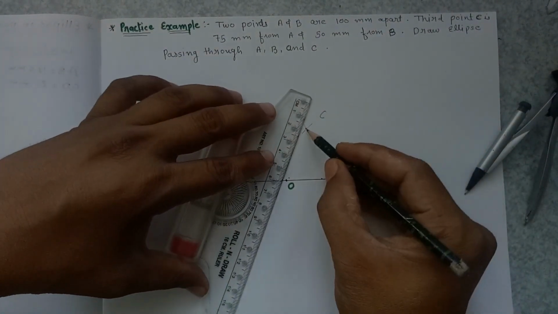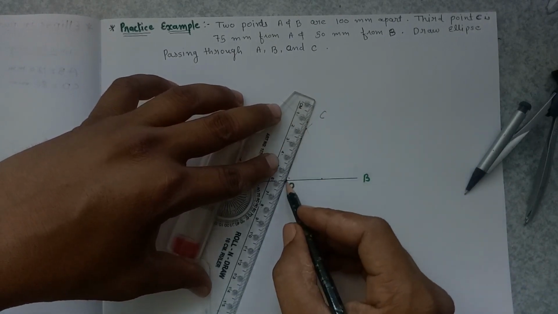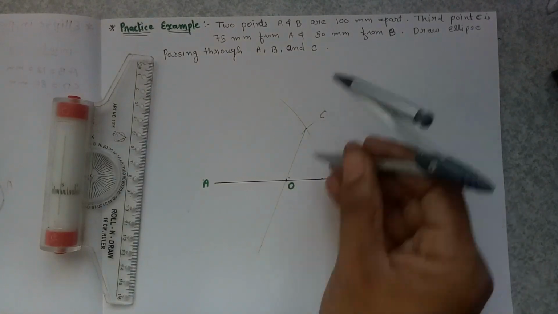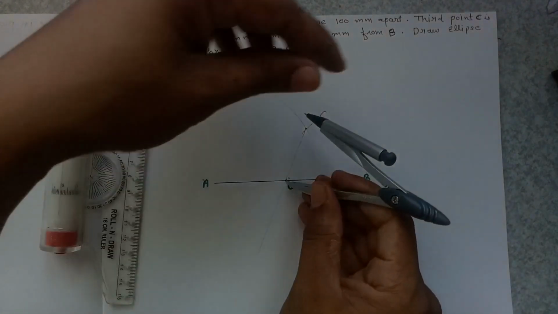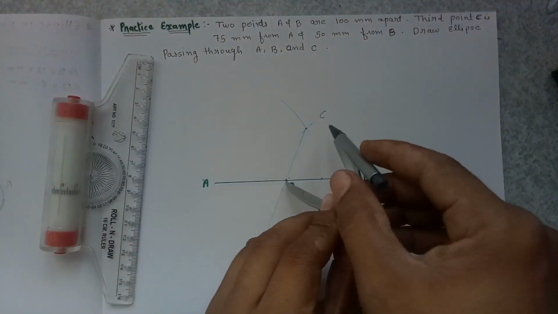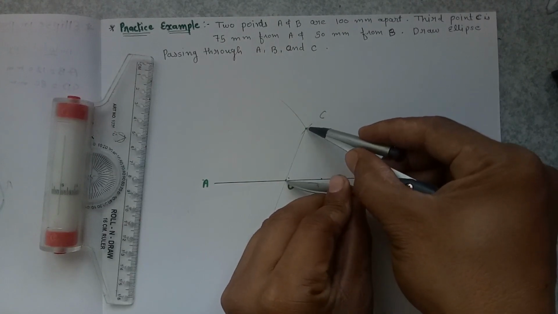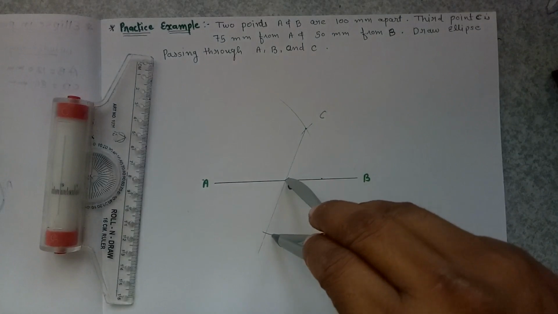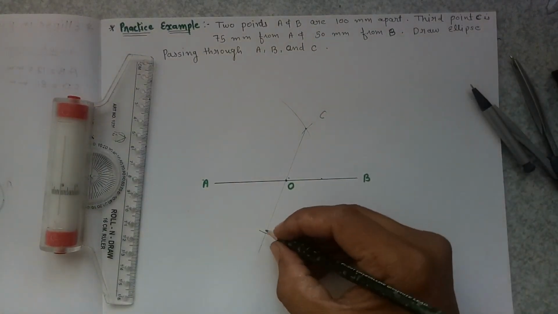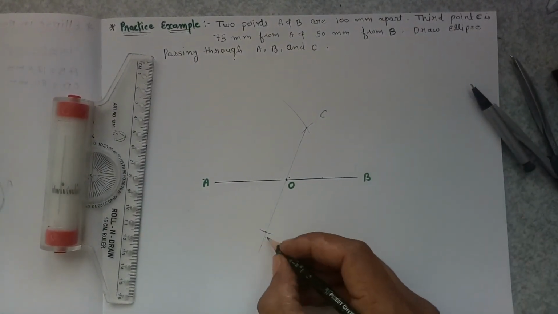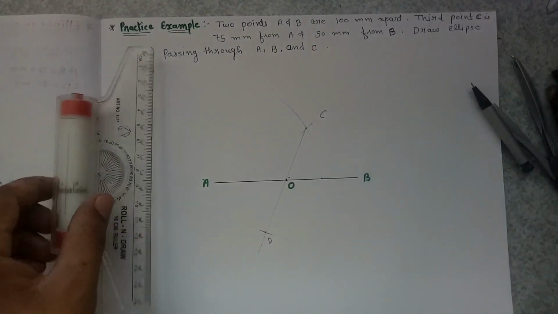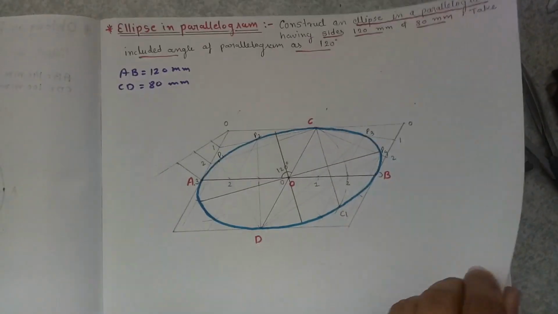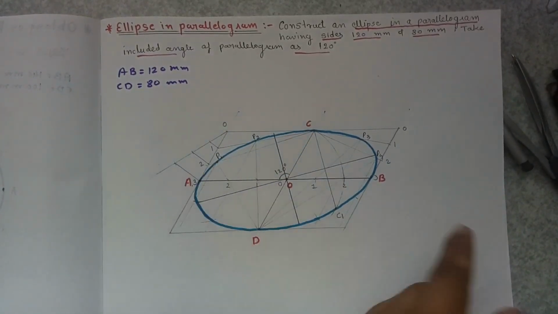Now join this point C to O and extend this line. Mark another point D on this line which has the same distance as O to C. So measure O to C, give an arc, mark the point D. Now here the data is the same as the data of parallelogram CDAB.